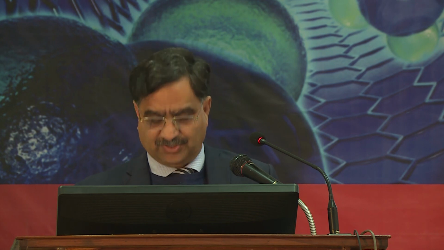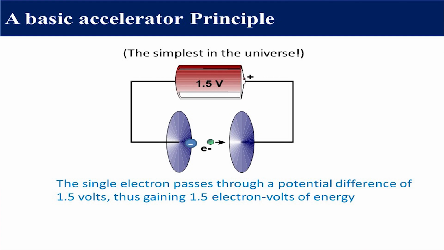Then we can get high energy electron beams or ion beams, which we call accelerators. We can push it further and get high energy ion beams. These are very useful for material science applications.